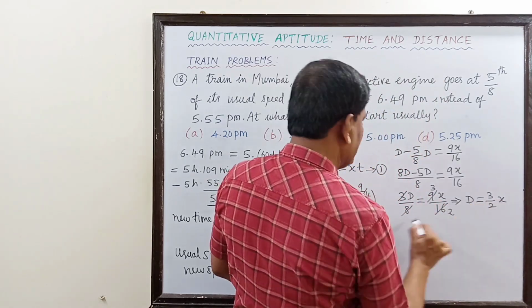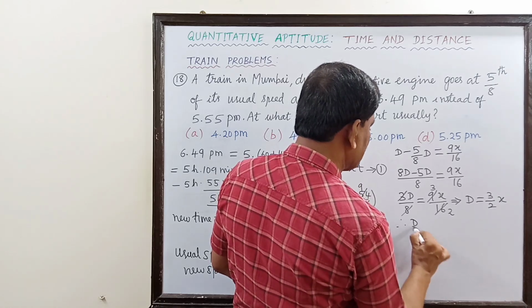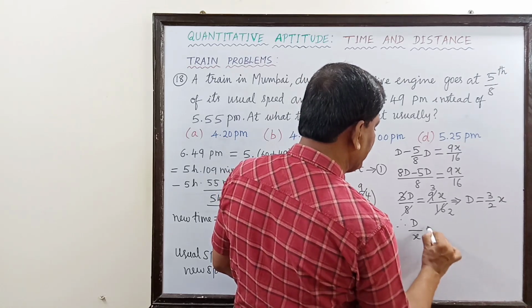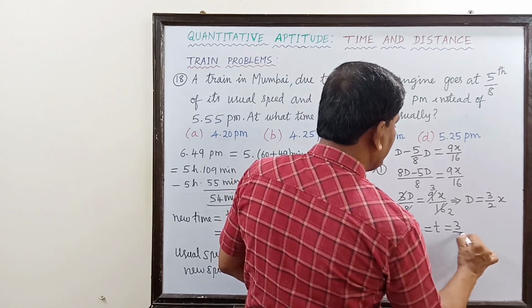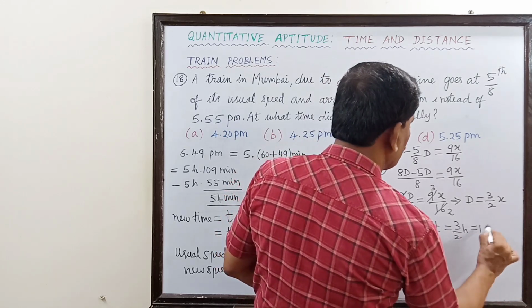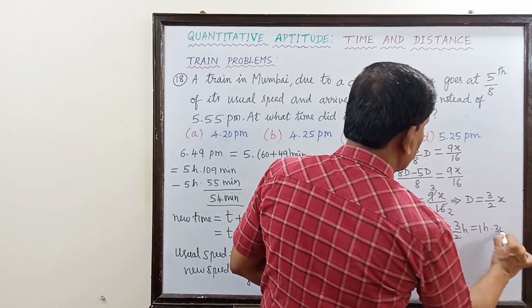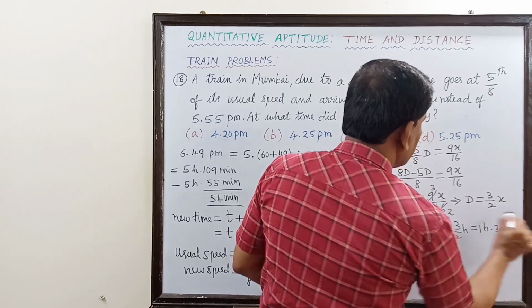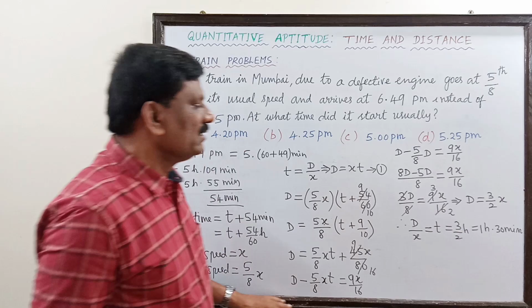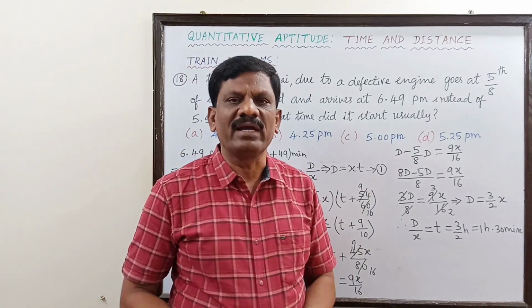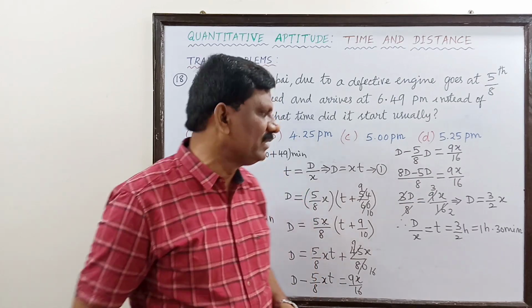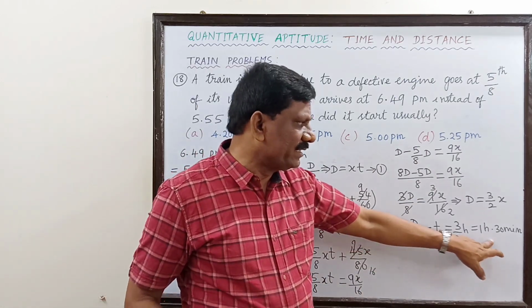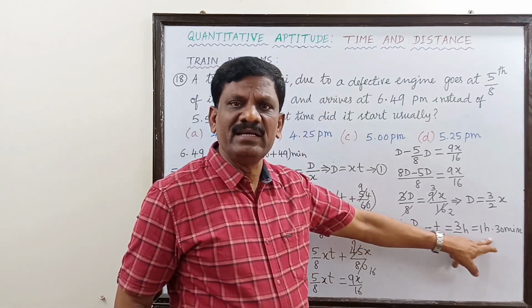Distance divided by speed is equal to time, which is 3 by 2 hour. This is equal to 1 hour 30 minutes. This is the actual time taken to travel the distance d. So from Mumbai to the reaching station, the train has taken 1 hour and 30 minutes.